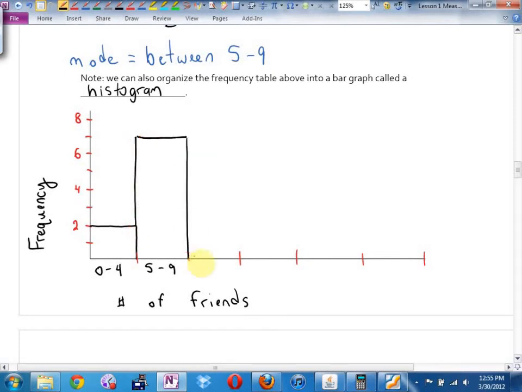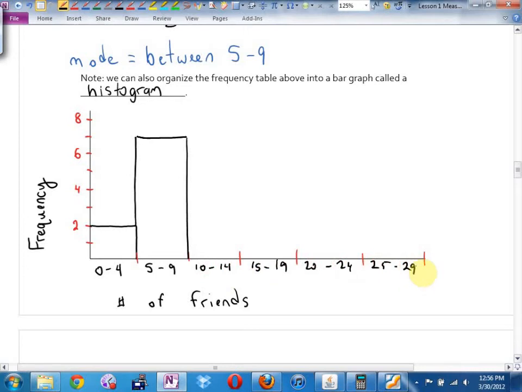You've seen bar graphs before. What was the next category? 10 to... Let's fill all those in. 10 to 14, and then it was 15 to 19, 20 to 24, 25 to 29, right?